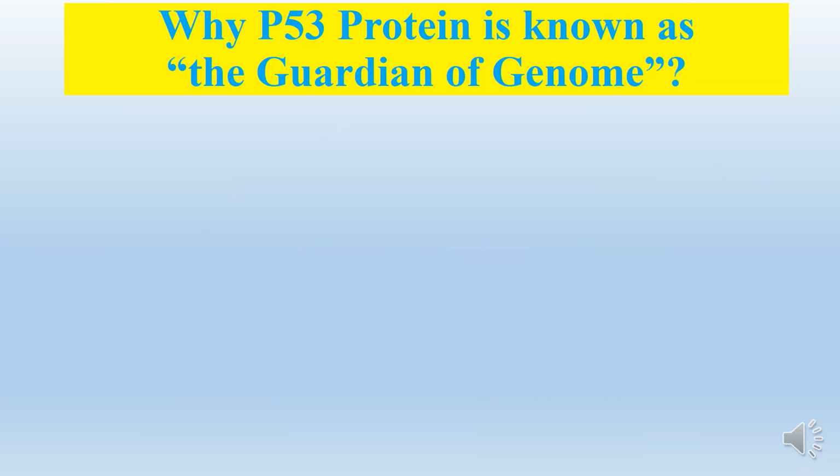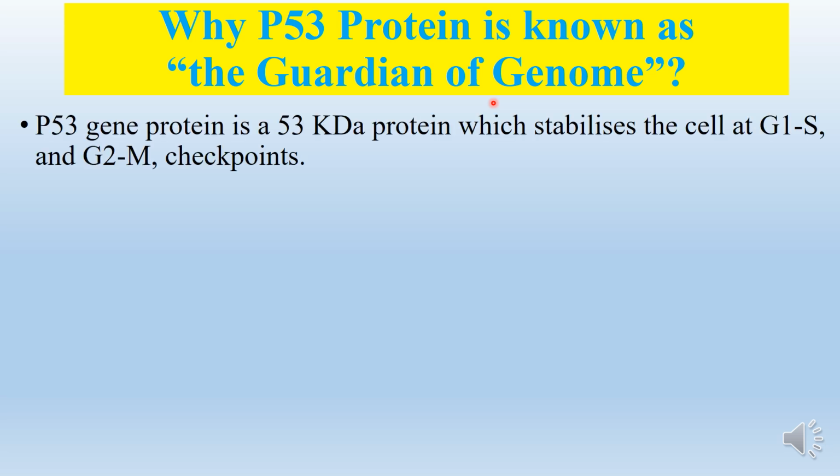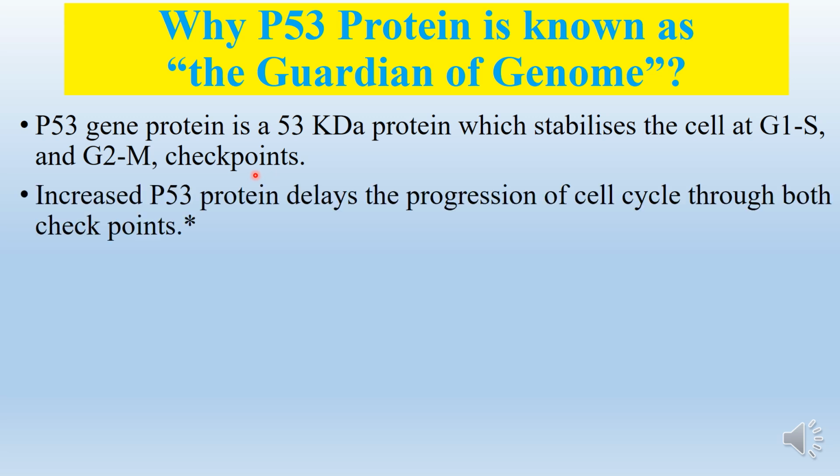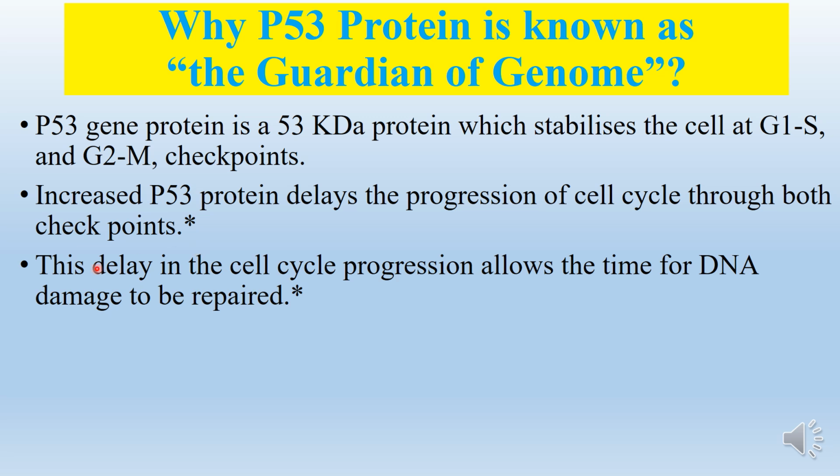In my previous slides, I have mentioned that P53 protein is known as the guardian of genome. So let's try to understand why it is known as the guardian. P53 gene protein is a 53 kilodalton protein which stabilizes the cell at G1S and G2M checkpoints. The increased P53 protein delays the progression of cell cycle through both these checkpoints.